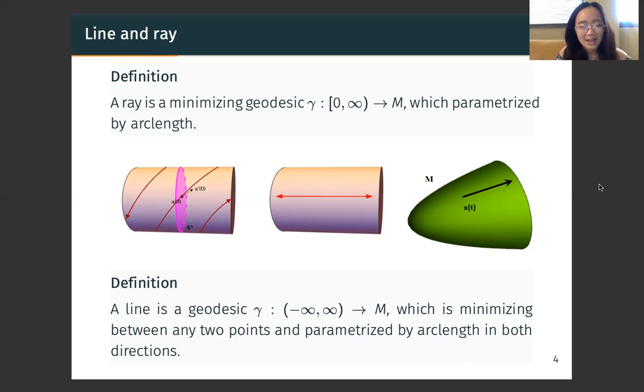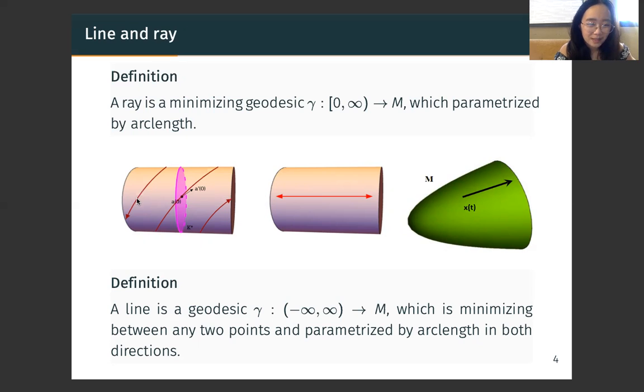And then we have this definition of a line, which says a line is a geodesic gamma from negative infinity to infinity, which is minimizing between any 2 points and parametrized by arc length in both directions. So again, in our picture, our first picture of the cylinder, that red thing with 2 arrows is not a line according to this definition, because between many points there is a shorter way to get to another point.